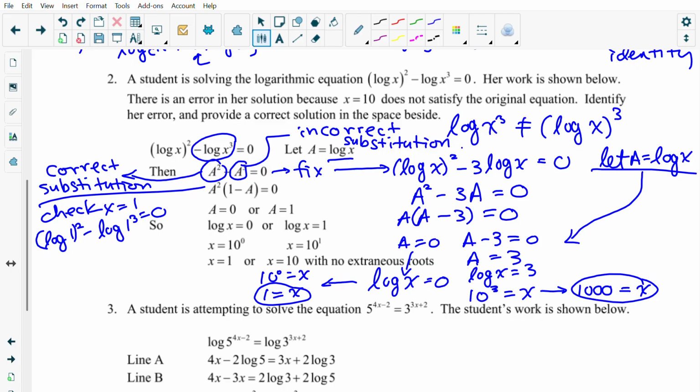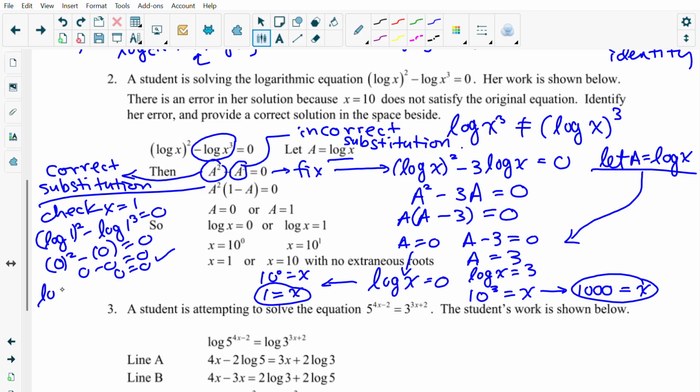So log of 1, that's 10 to the 0, so that is 0 squared minus log of 1 to the third, that is also 0, and that equals 0. 0 minus 0 equals 0. 0 equals 0. Check. Okay, that's good.